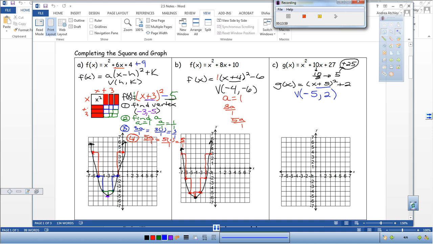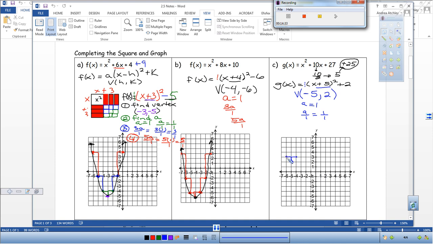Yes, it'll be more. Right now, we're doing basic ones, so the A value is going to just be 1. Again, our A value is just 1. Okay, so we're going to go where x is negative 5 and y is positive 2. And then again, we have A over 1, which is just 1 over 1. So I'm going to go up 1 and over 1.